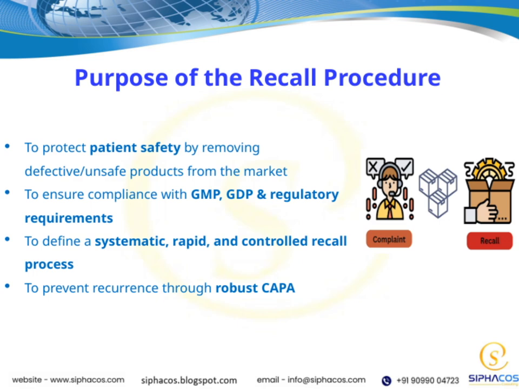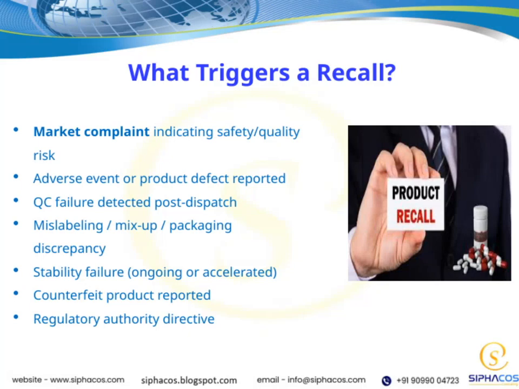That's why we incorporate robust corrective and preventive actions, or CAPA, to address root causes and improve our processes continuously. All of these points together form the core purpose of our recall procedure: protecting patients, ensuring compliance, acting quickly, and preventing future problems.